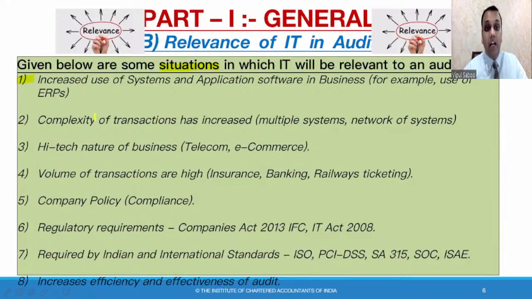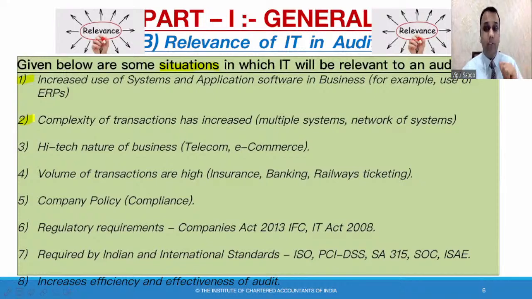Okay, complexity of transactions has increased. So multiple systems, a network of systems in large organizations, in multiple MNCs, right? In a particular country, they are working in dollars. In India, they are working in rupees. And in China, they are working in yuan. So there are multiple kinds of systems, a network of systems.